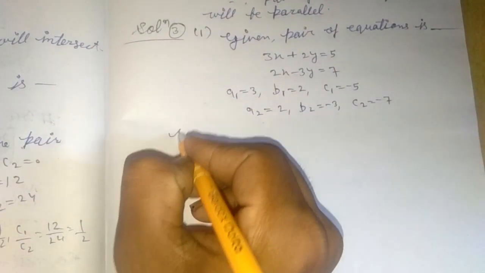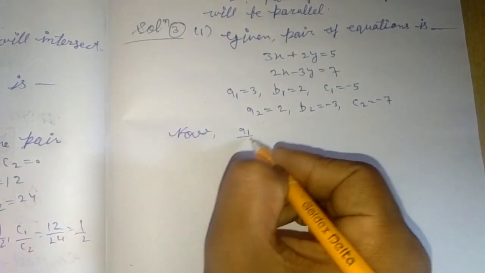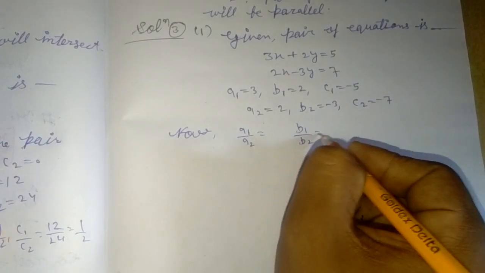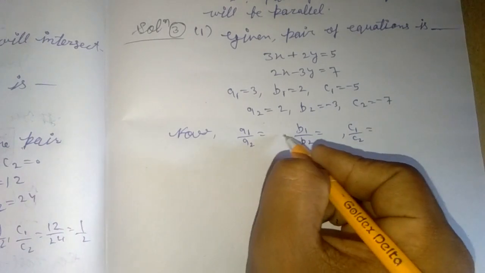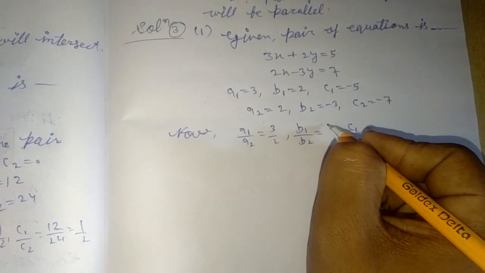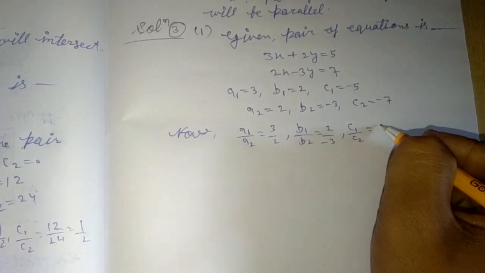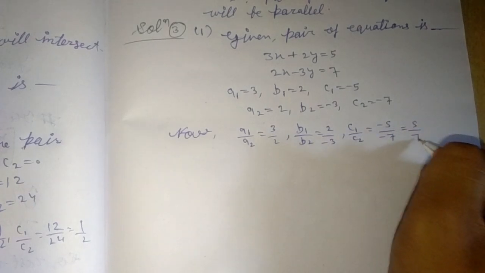Now we will find out ratio a1 upon a2, b1 upon b2, c1 upon c2. a1 upon a2 3 upon 2, b1 upon b2 2 upon minus 3, c1 upon c2 5 upon minus 7.